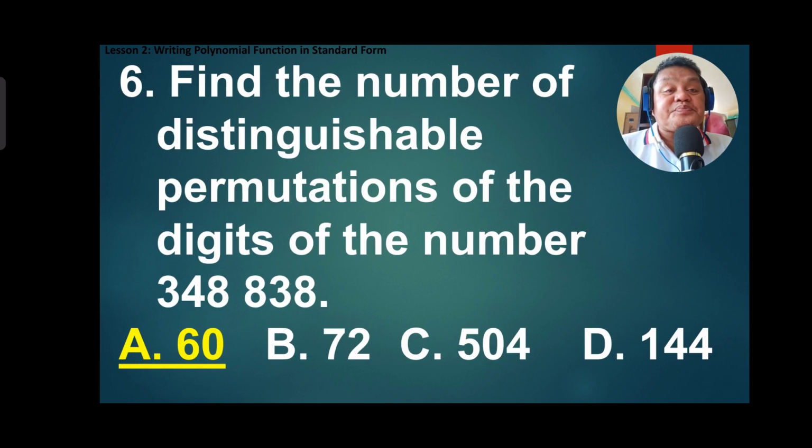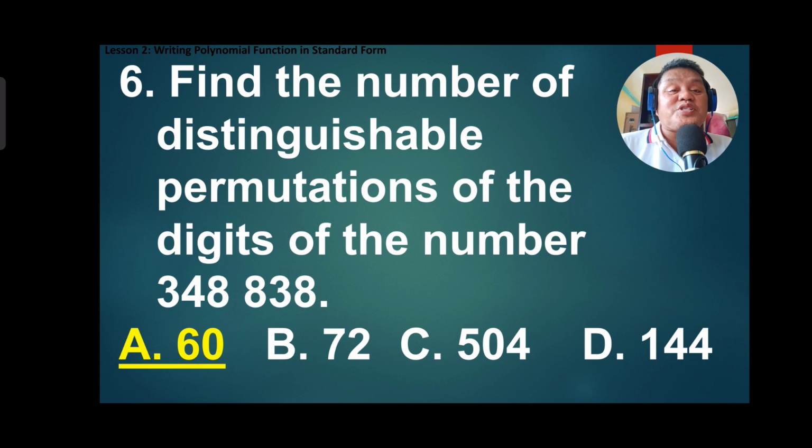Number 6. Find the number of distinguishable permutations of the digits of the number 348,838. So how many 3s are there? We have 2 3s. And how many 4s? Only 1. And how many 8s? We have 3 8s.